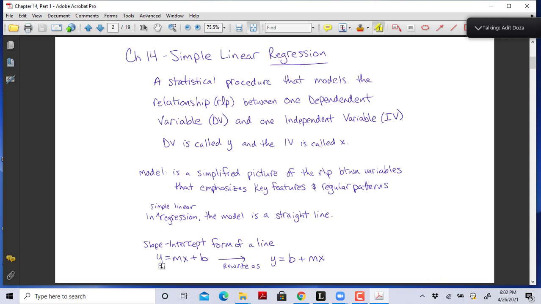We also have the equation of a simple linear regression, which is y equals mx plus b, or sometimes we write it as b plus mx. So m is the slope and x is the independent and y is your dependent variable, right?